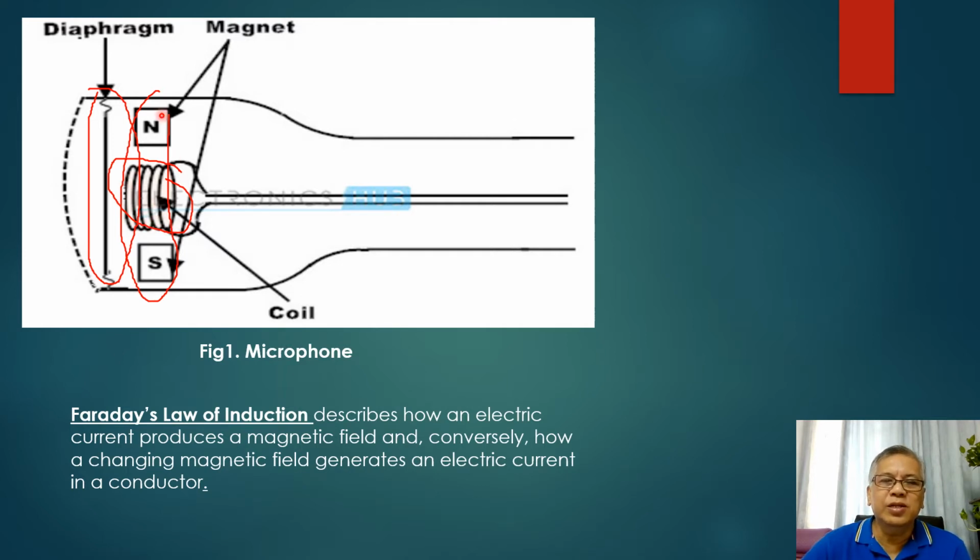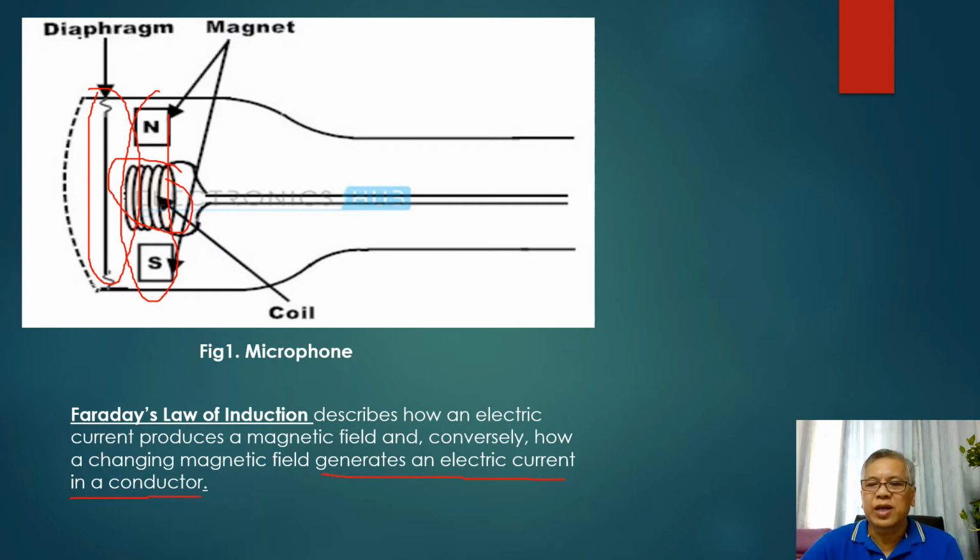Now, the movement of the diaphragm causes your moving coil here to move also. Now, since there is magnet, then the movement of the coil will produce electric current. Okay? That is according to Faraday's law of induction, which describes how an electric current produces a magnetic field, and conversely, how changing magnetic field generates an electric current in a conductor.